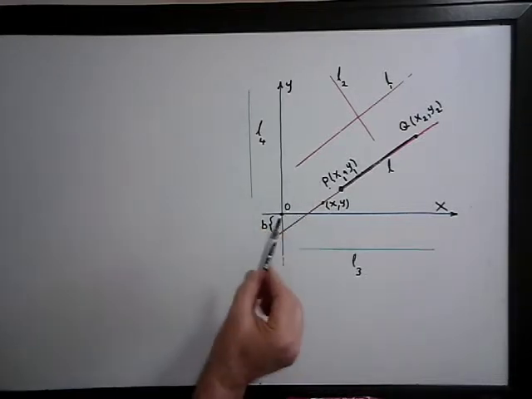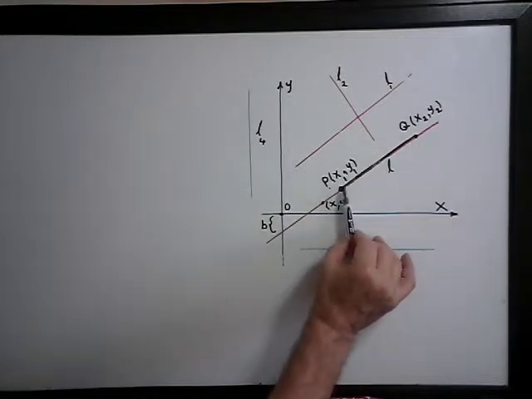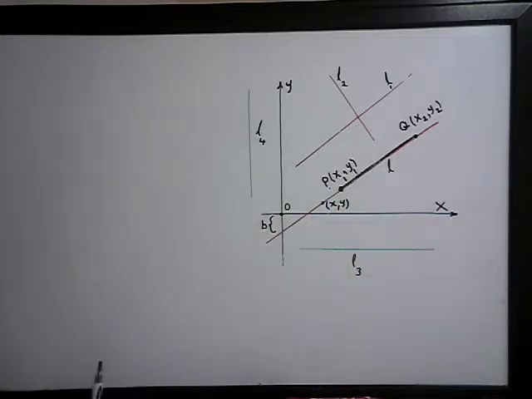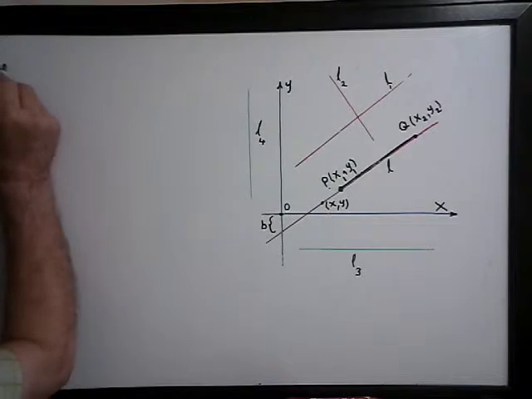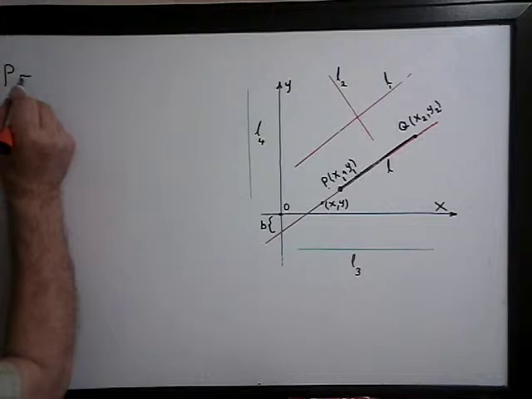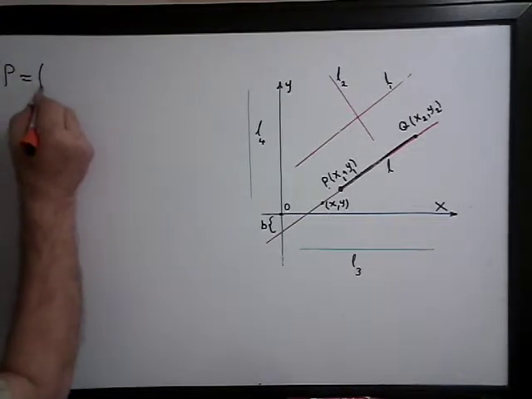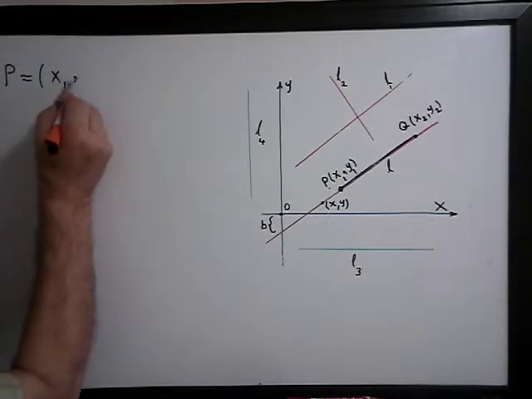Let us first find the distance between these 2 points, P and Q. As you see, P has two coordinates. They are x1, y1.